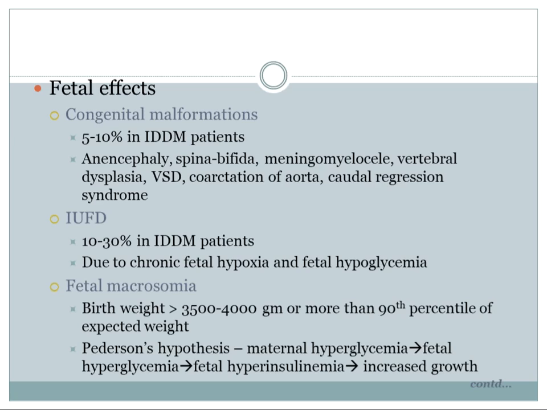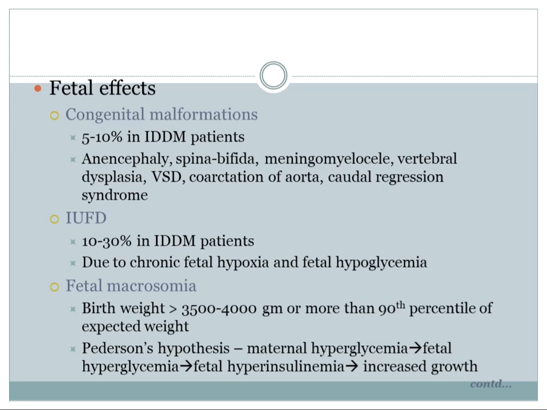Okay, then IUFD, that is intrauterine fetal death, is a possibility. What we have seen is sudden intrauterine fetal death in diabetic mothers. As obstetricians, we are all very scared that one day when we come for rounds, we will see that the fetal heart is absent. That is a nightmare for the patient and for the consultant also.